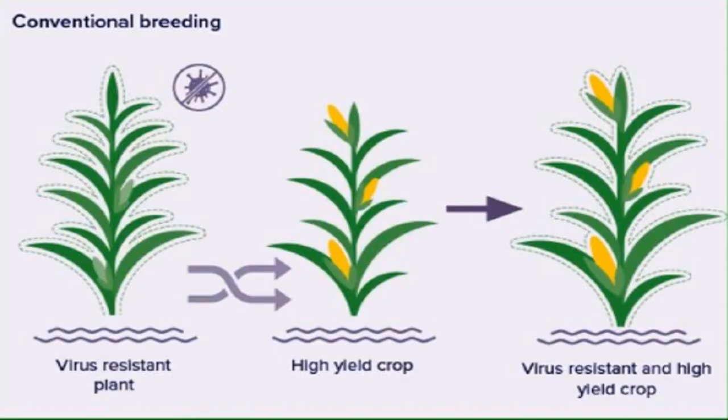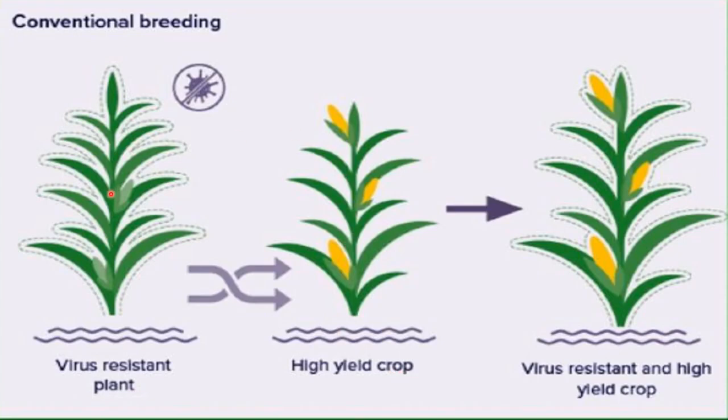An example of conventional breeding method for making the plant disease resistant is given here. So this is the plant which is resistant to virus. No virus can affect this plant. This plant is having the genes for virus resistance. And this is another plant having high yielding capacity. So this is a high yield crop.